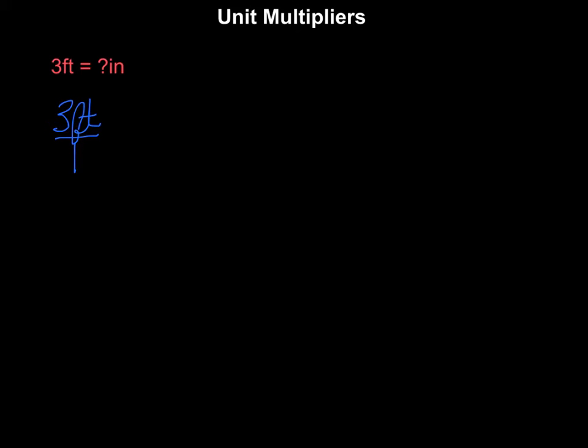Now I need to choose a unit multiplier to multiply by. Now earlier we had the conversion rate that 1 foot was equal to 12 inches. And so that shows me the relationship between feet and inches. Therefore, that's what I'm going to use for my unit multiplier.